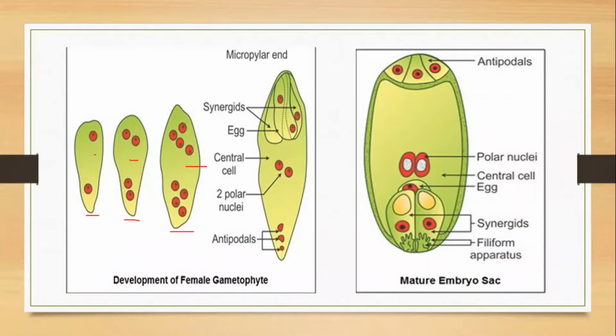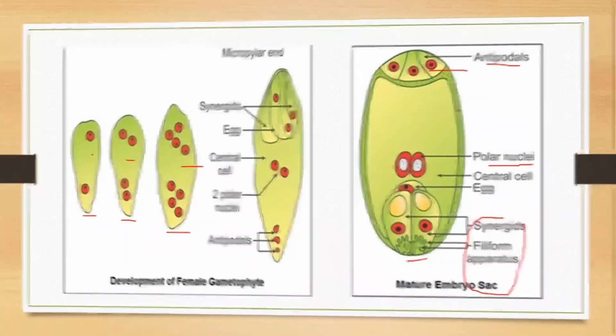These 8 nuclei will be arranged in this way: 2 in the central position will fuse and form the polar nuclei or secondary nucleus, 3 will come towards the chalazal end and form the antipodals, and 3 towards the micropylar end, 2 synergids and 1 egg, collectively known as the egg apparatus. In this way, this is the complete structure of the embryo sac or female gametophyte of the flower.